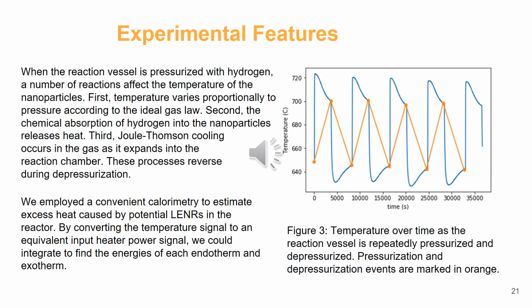One of the early runs with this new device is illustrated here. As seen in the figure, the temperatures started around 650, and during the pressurization jumped up to above 720, and then began dropping down.